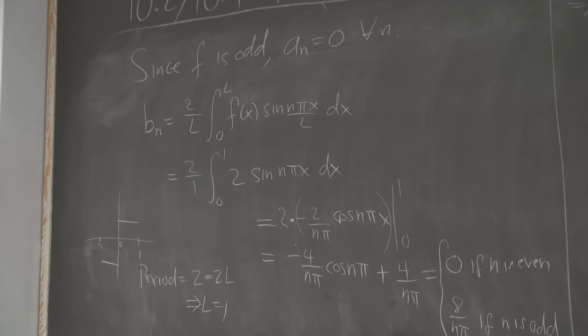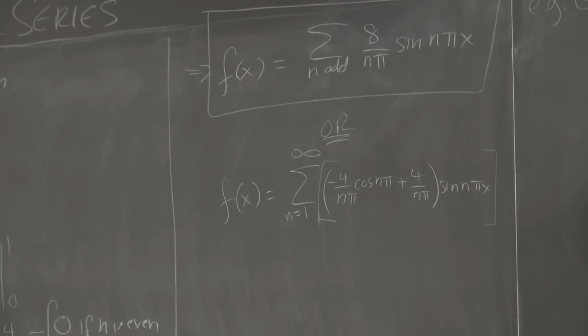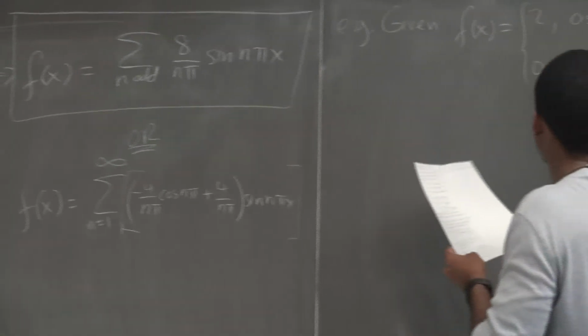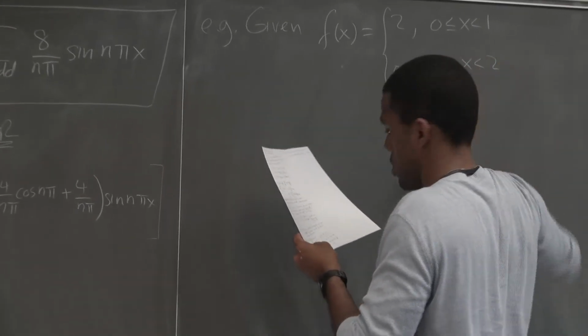Example. Given f of x equals, I'm going to keep it similar so we don't have to use too much Gaussian, 2 on 0 less than x less than 1, and 0 on 1 less than x less than 2.